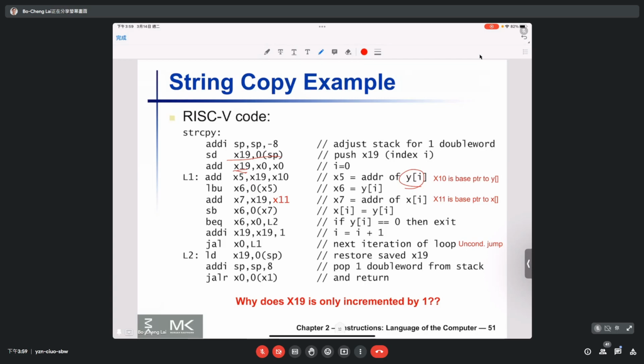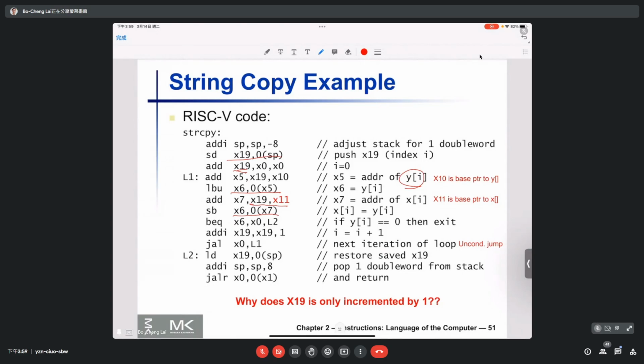You load it, and you calculate the address of the X array, and you store it. You work out the start of y, load the first character, then work out the position of x, and store what you loaded into the first position of x. It's that simple. Okay?